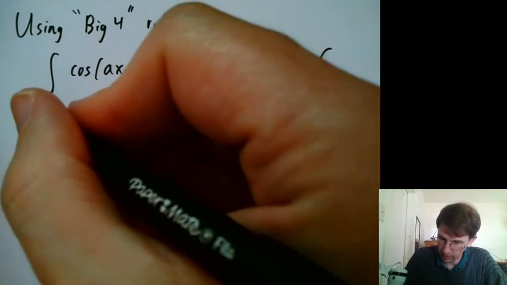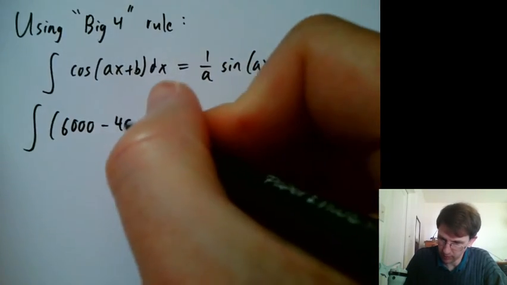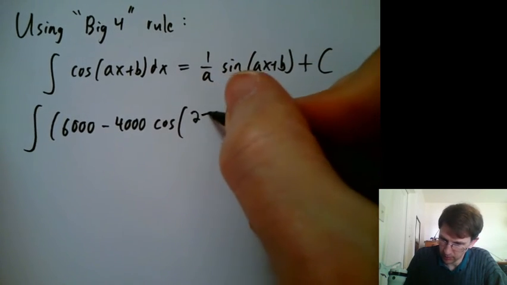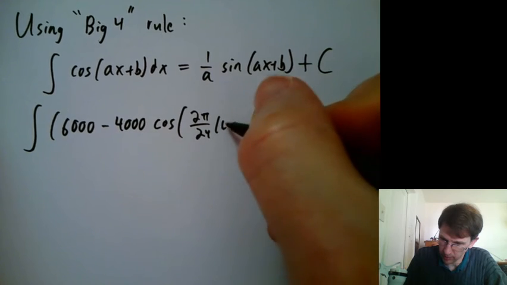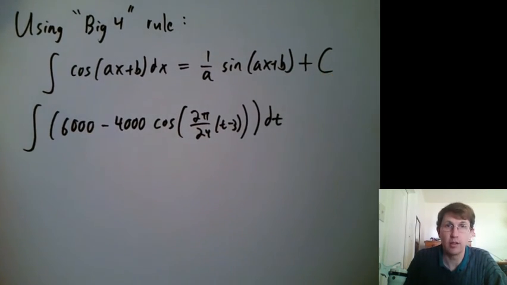All right, so what do we have here? We have 6,000 minus 4,000 cosine of 2 pi over 24 times t minus 3, dt.